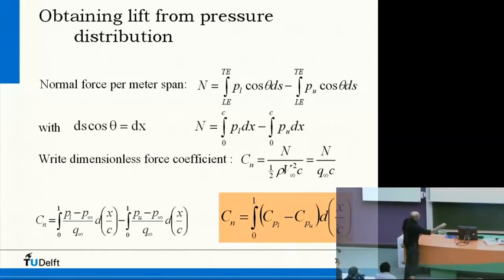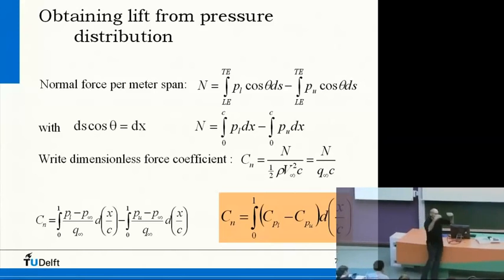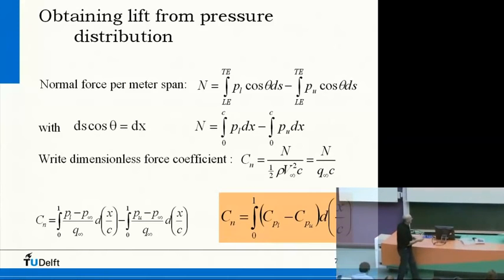If we put that in this equation, then it's Cn, integrated from 0 to 1, dx over c, p lower minus p upper, and you see directly that these are pressure coefficients if you put in p infinity. So the normal force coefficient is the integration between the Cp's, upper and lower, over the chord, in this case dx over c.